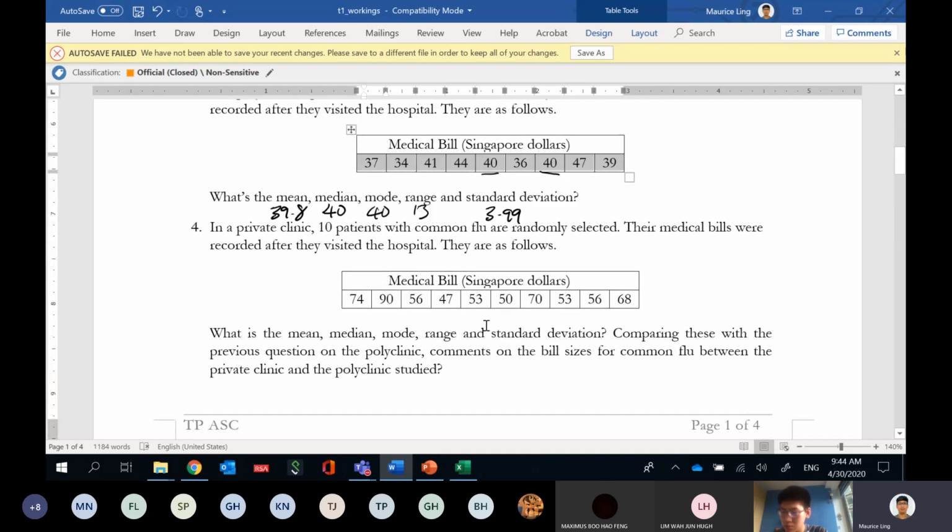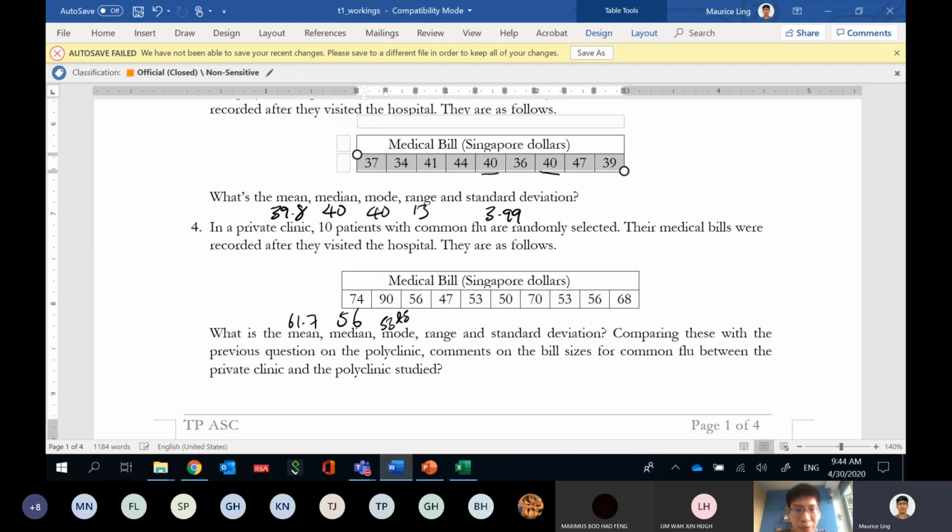Okay, so how about the next one? Question 4. Okay, can anyone, let's see. So the mean will be 61.7. The median will be $56. The mode will be $53 and $56.